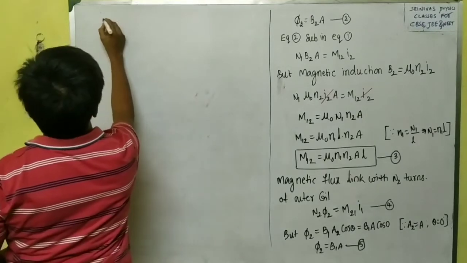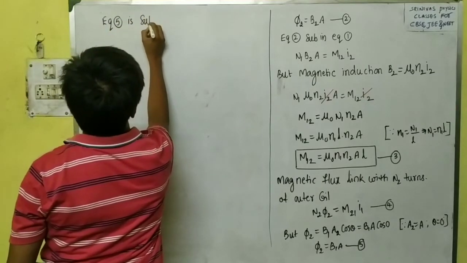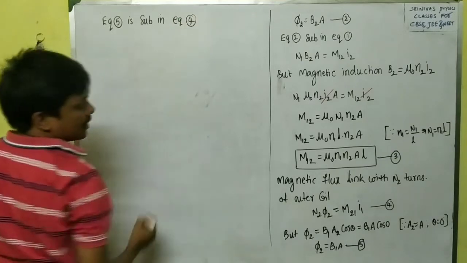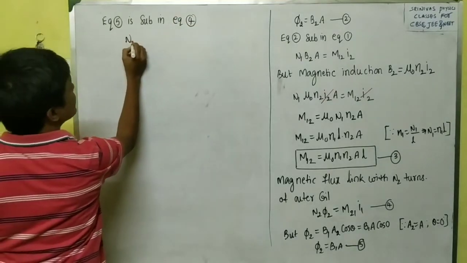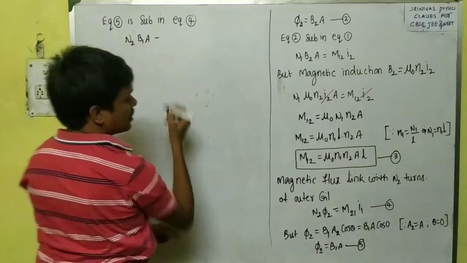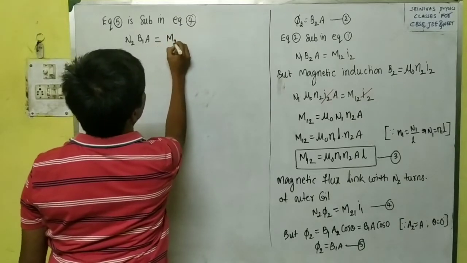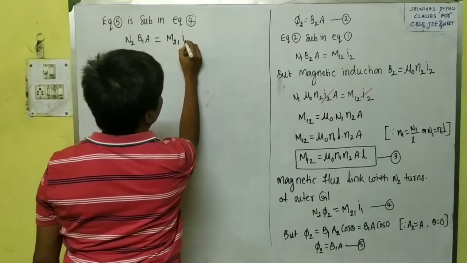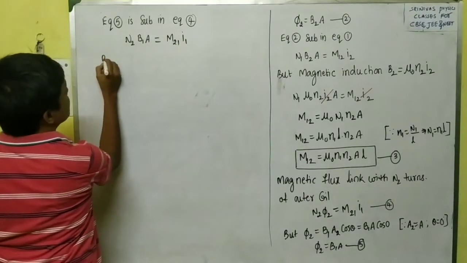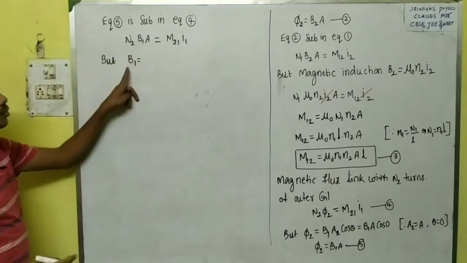Now equation 5 is substituted in equation 4. Then N2 phi 2, we write as N2 B1 A, is equal to M21 into I1. Okay, right. But what is B1? B1 is the magnetic induction due to the first coil.